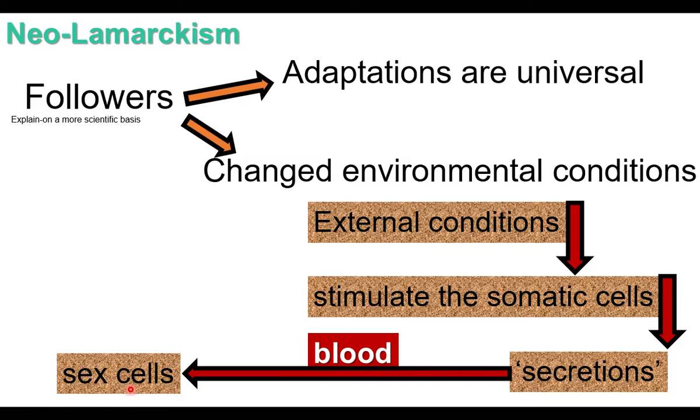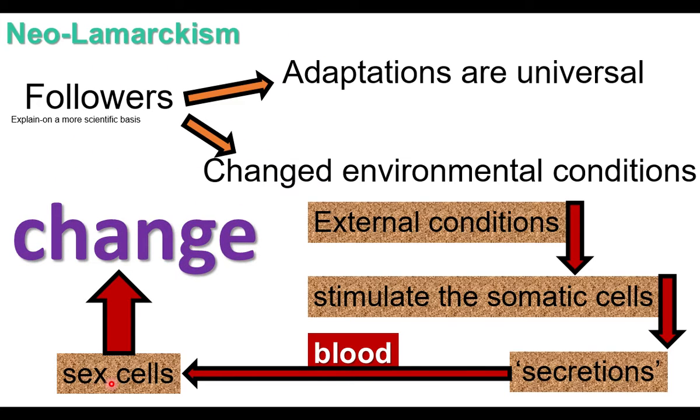When the secretions reach the reproductive cells, that results in change in the next generation. In this way, the organisms develop adaptations or new characters due to change in the external conditions. This is the explanation given by Neolamarkians to support Lamarck's theory.